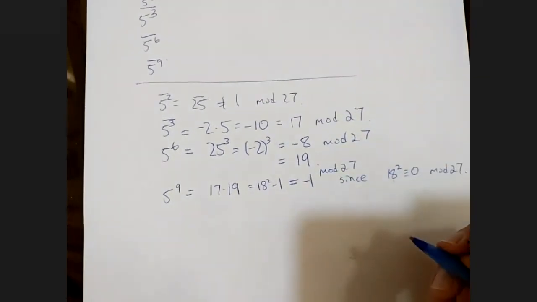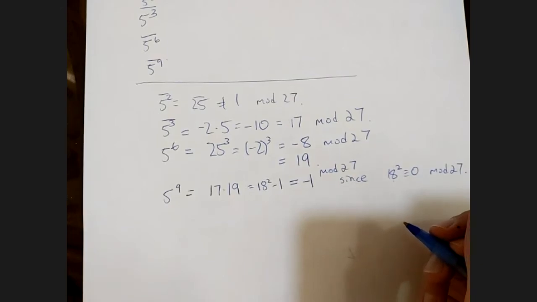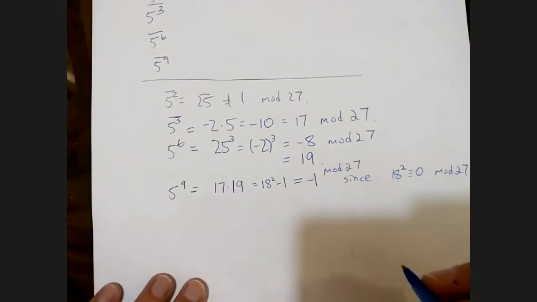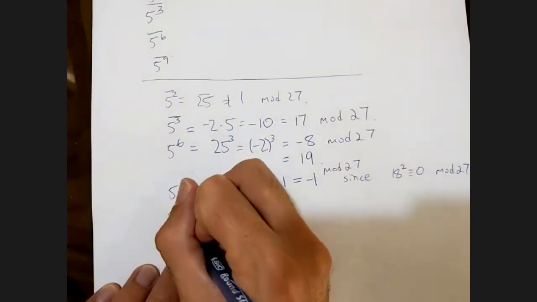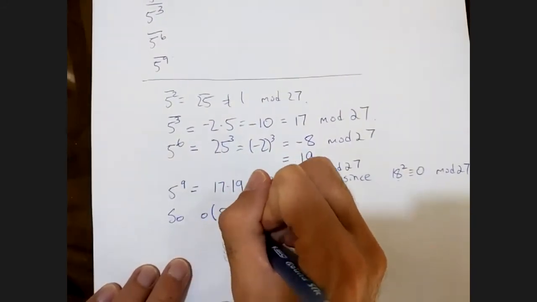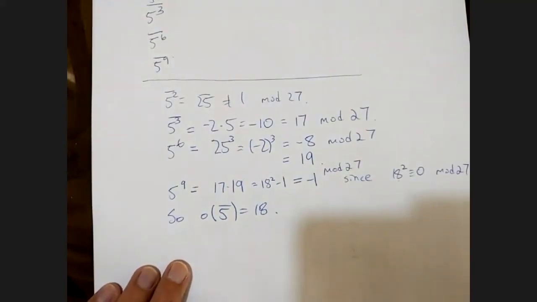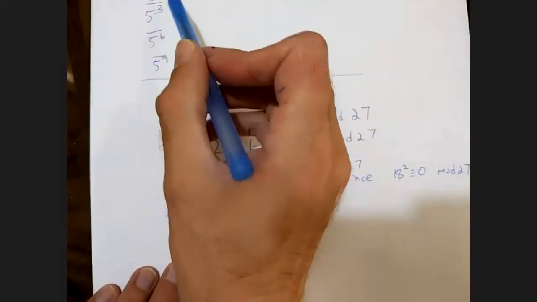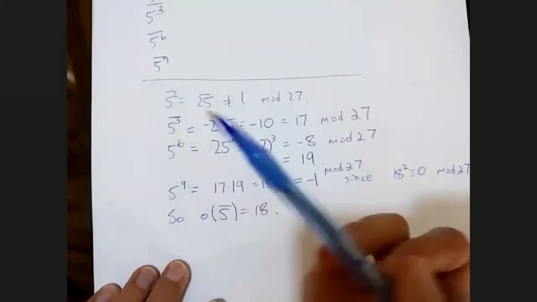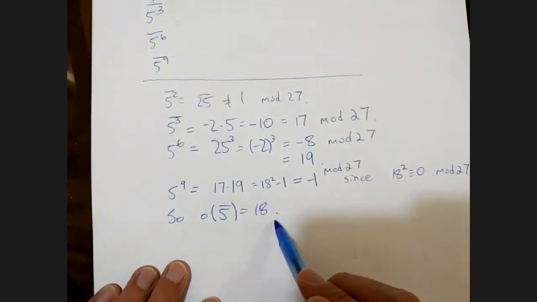Okay, so 5 to the 9th is -1, it's not 1. So this lets us conclude that the order of 5 is 18, because we just showed that the order of 5 was not 1, 2, 3, 6, or 9. So the only remaining possibility is 18.